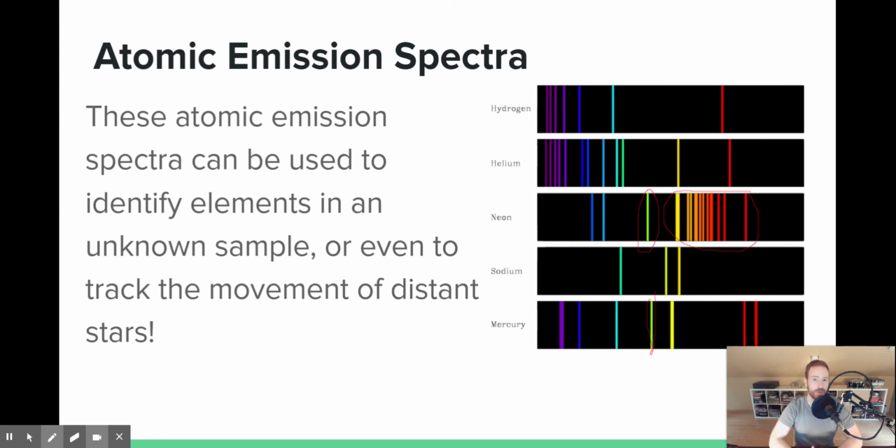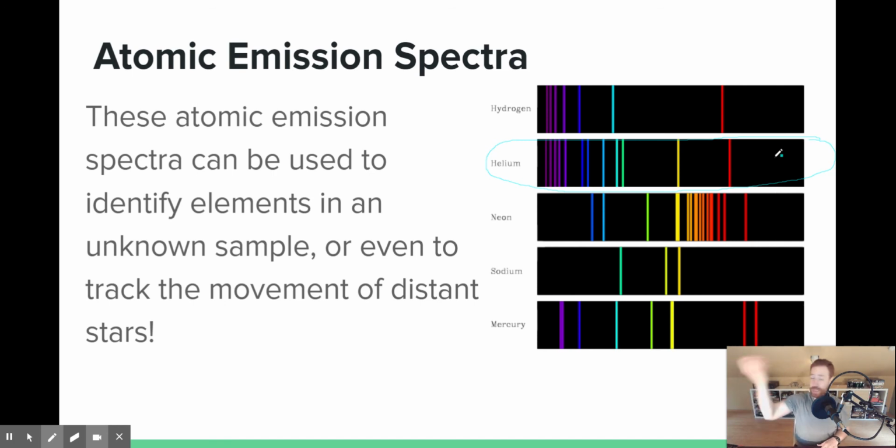So let's say a star is full of helium, for instance. Well, that helium is going to be very, very hot. It's going to be absorbing a bunch of energy. The electrons are going to be constantly jumping up to an excited state, falling back down to a ground state, and emitting light. So that star is going to be emitting a whole bunch of this.